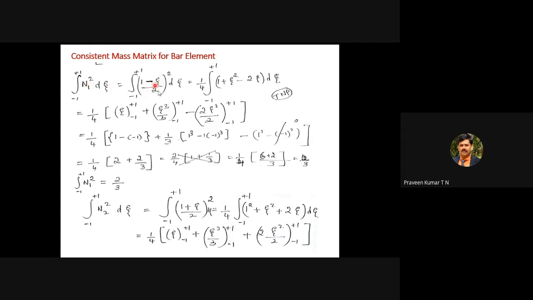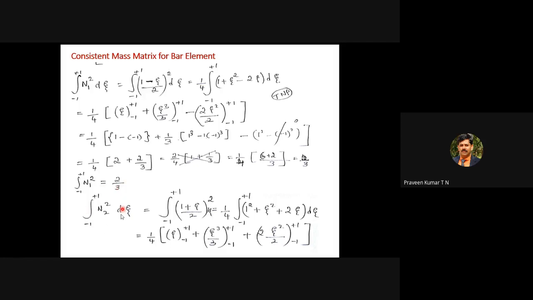The N1 value is given by (1 minus xi) divided by 2, the whole square. Then you have to expand the term, integrate the individual terms, and apply the limits from minus 1 to plus 1. After all simplification, the integration of N1 square d xi from minus 1 to plus 1 becomes 2 by 3.